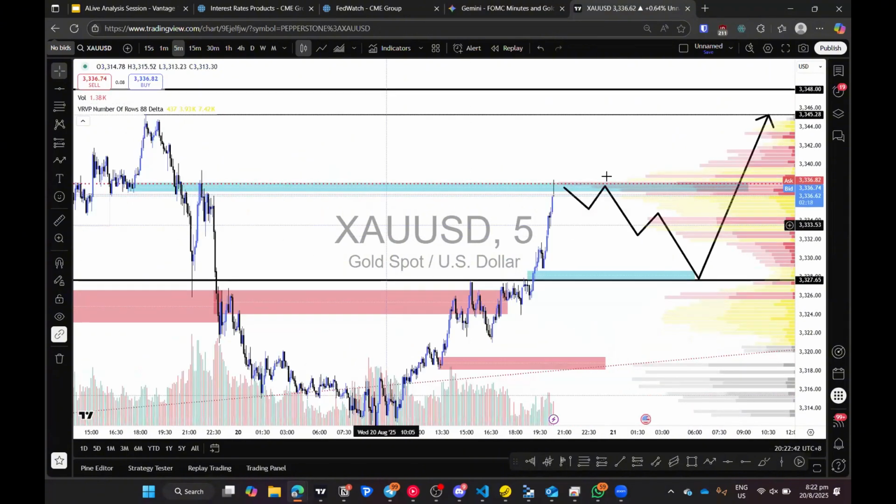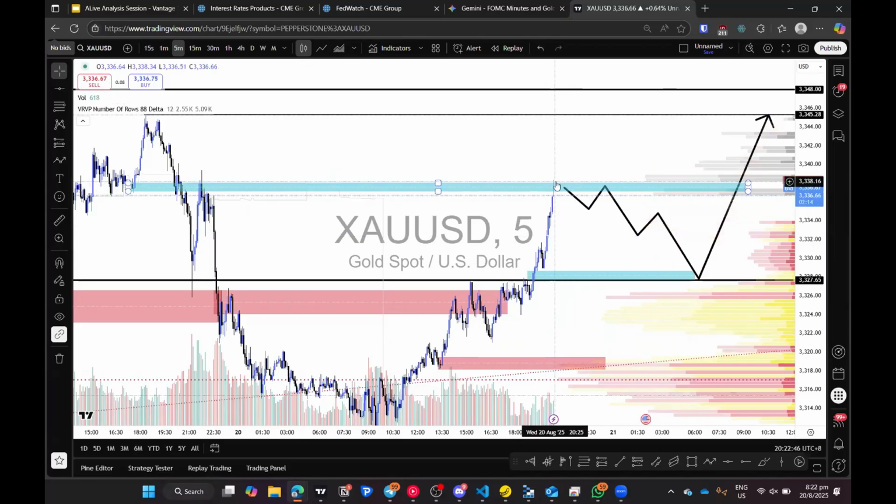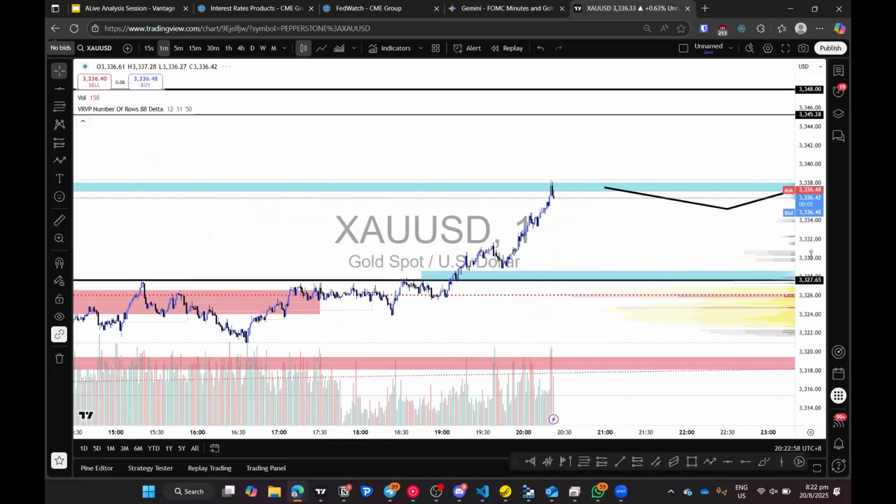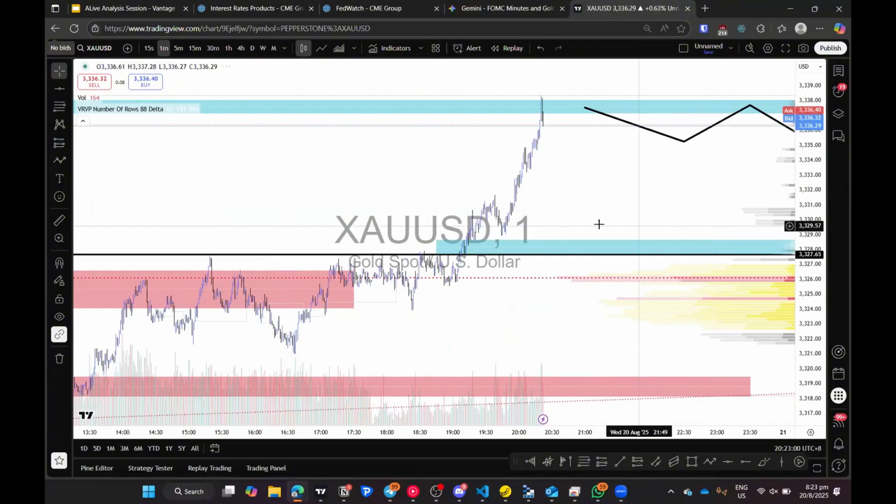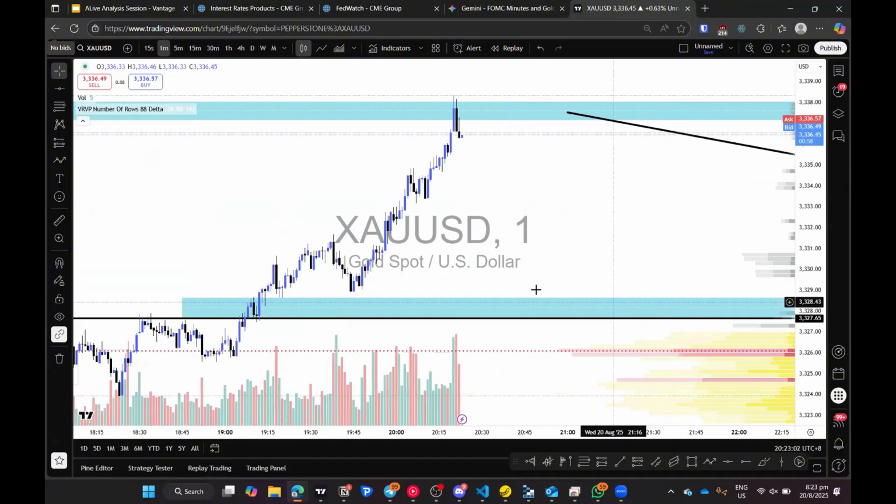And so this is going to be a likely area where more sellers come in to take advantage of the knowledge from that failure of the buyers at this level. Okay, so that's kind of like the whole roadmap for gold today.